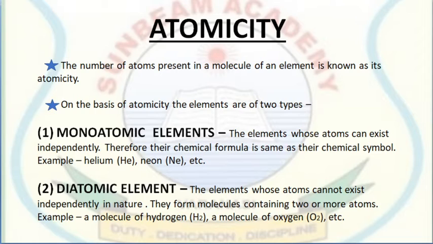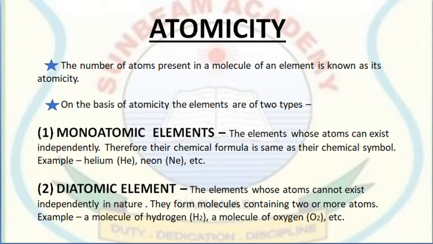They have two atoms each, and they are known as diatomic elements. Thus, H2 represents a molecule of hydrogen, N2 represents a molecule of nitrogen, O2 represents a molecule of oxygen, and Cl2 represents a molecule of chlorine.